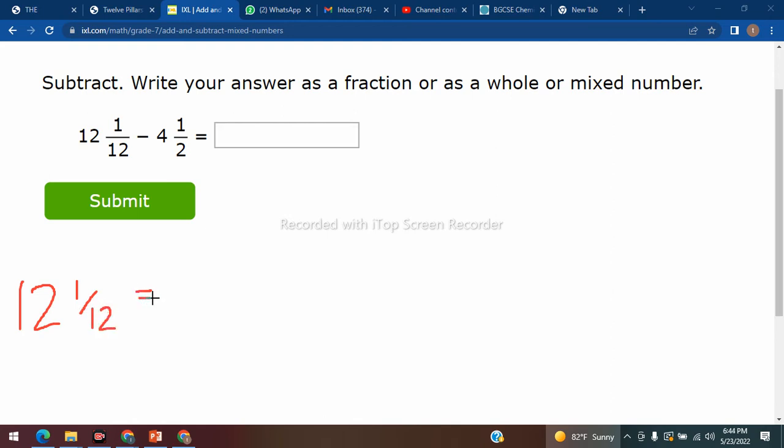I'm saying I have to borrow. You understand why or no? Look, this is 1 over 2, and this is 1 over 12. When we try to make the same denominator, we have to multiply this one by 6.